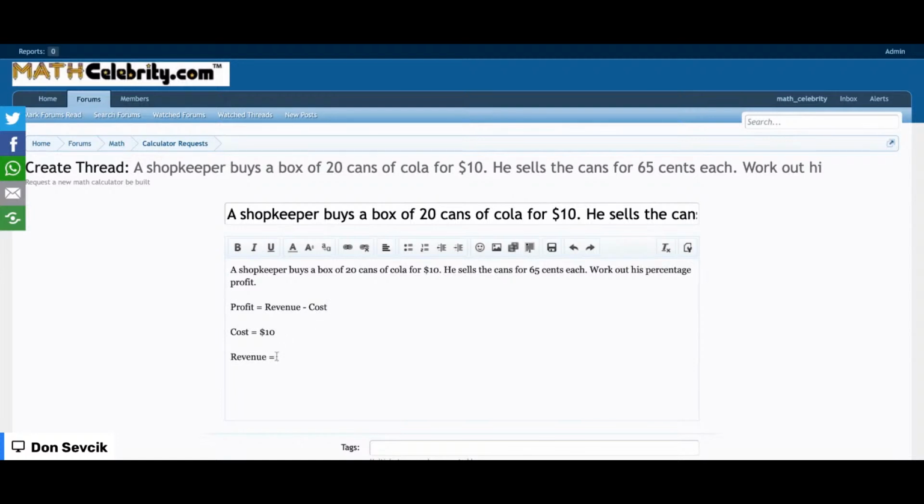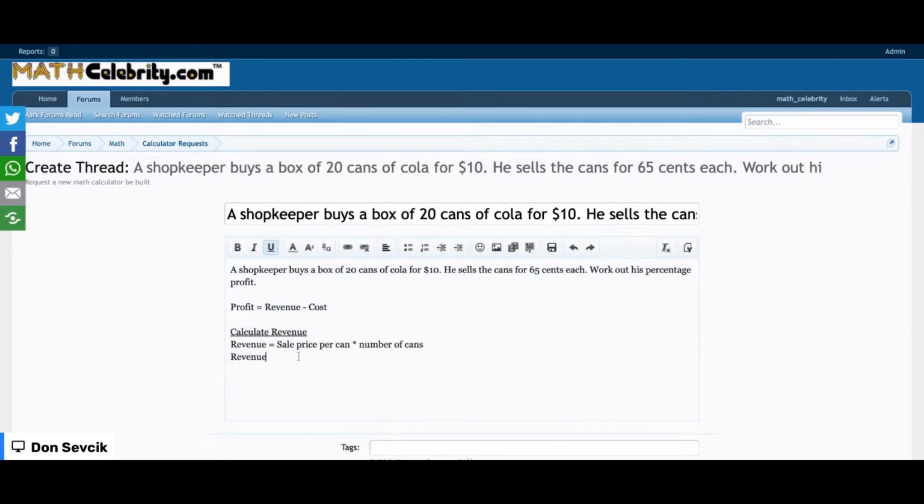Revenue equals sale price per can times number of cans. Revenue. In fact, let's separate this out. Calculate revenue. I can talk about the cost later. Calculate revenue.